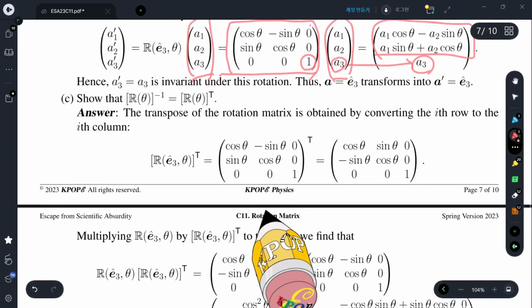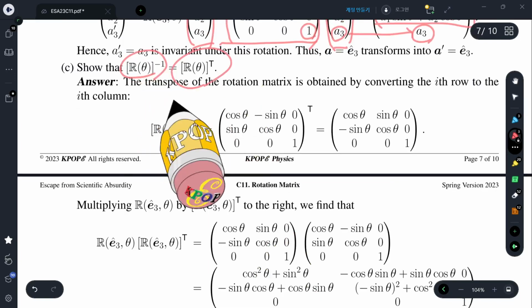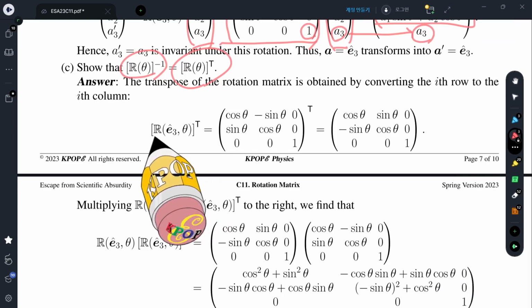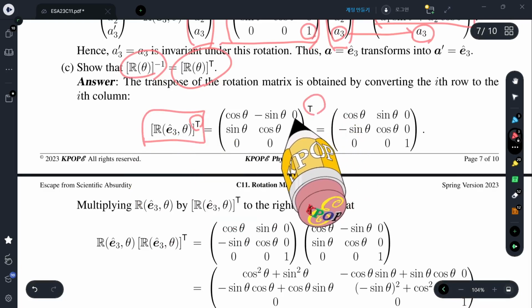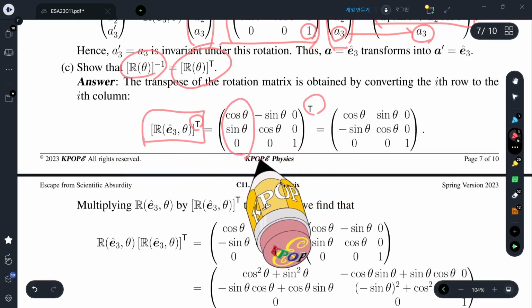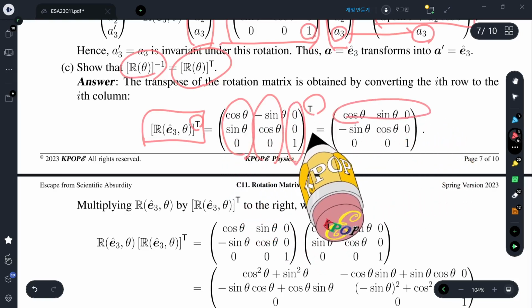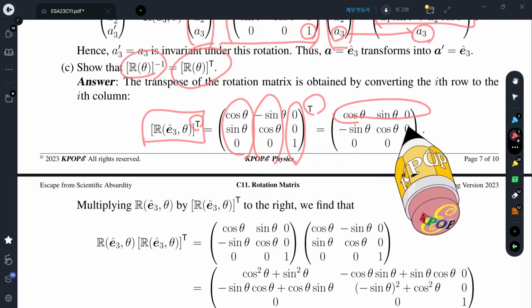Next, we consider the case where the inverse is nothing but the transpose. This is a very, very special nature of the rotation matrix. Let's see what happens if I take the transpose. Transpose is to transform columns into rows: cosine, sine, and minus sine, cosine, and 0.